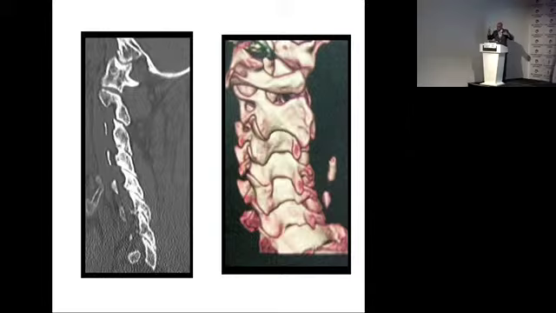Ligamentum flavum buckling are the consequences of muscle instability. Disc space degeneration or disc space reduction is a consequence of facetal overriding. This is my concept.